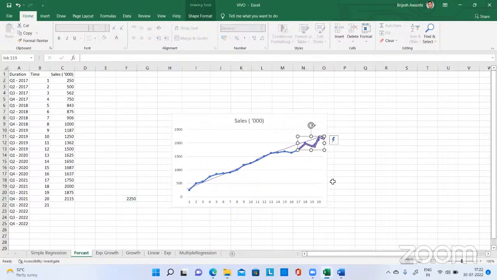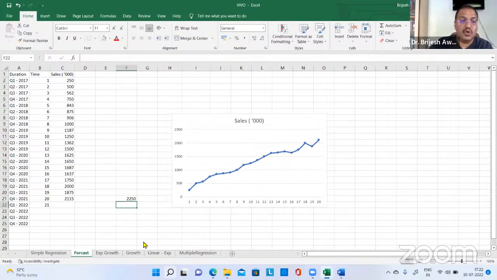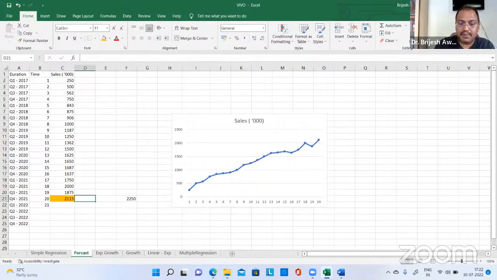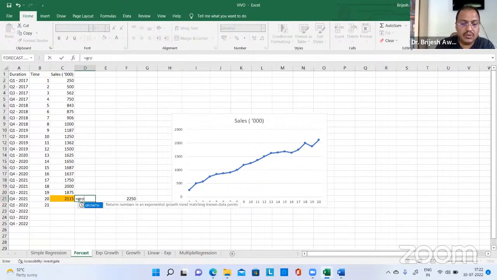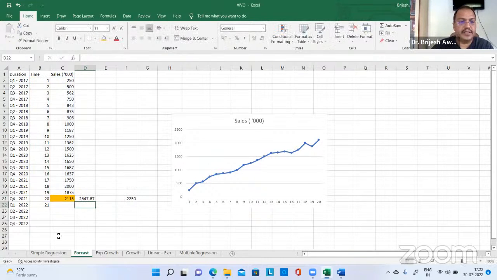Suppose I apply the same function, but GROWTH. What function am I applying now? Growth. Now just see what happened. Equals GROWTH, y, comma, x, comma, this, and enter.